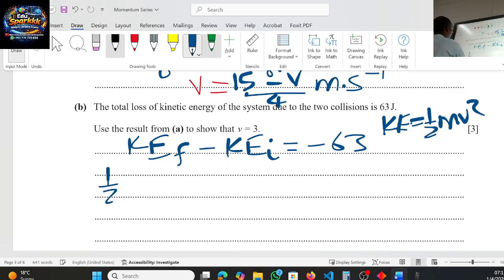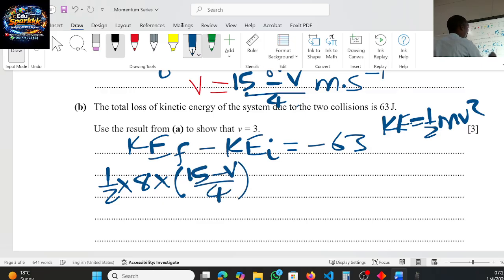So I'm going to say half multiplied by 8 multiplied by the final speed that we confirmed, so inside the brackets I have 15 minus v all over 4, squared. Well, that's the final. Then we say minus the initial. But for the initial, we had two components in motion. These components were the first object which was moving, which was a particle, and was it X?